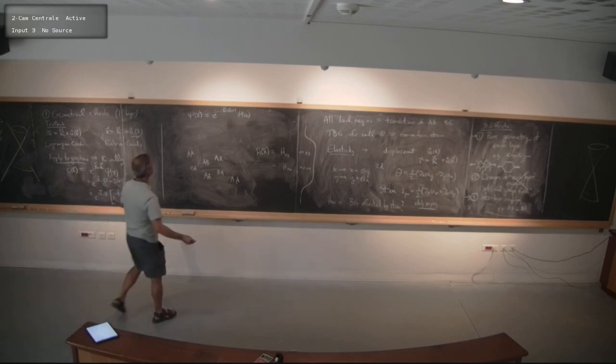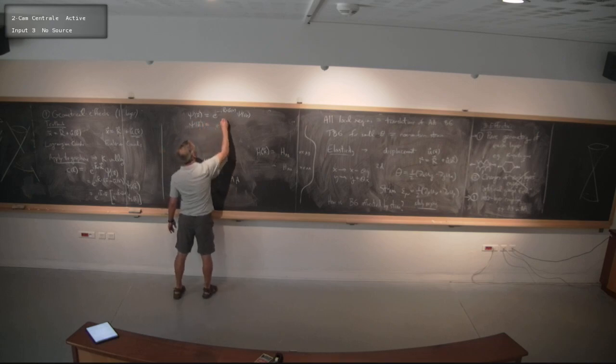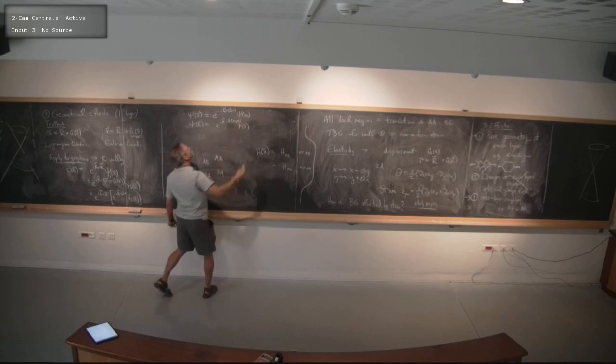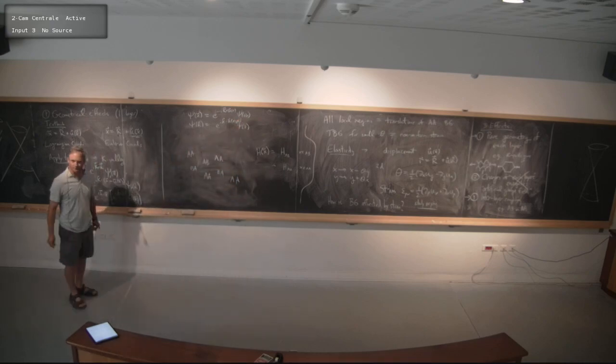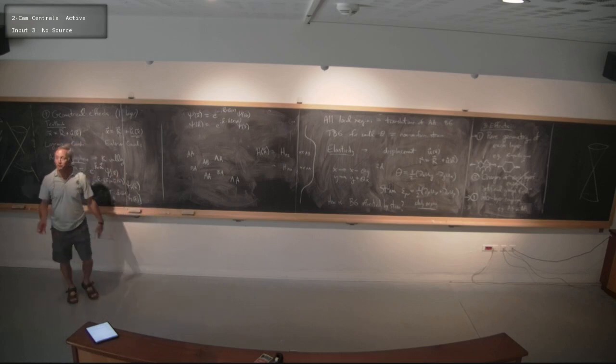And of course we can invert it. And again, here it should be x of R. So this gives us a way to relate the operators in the two frames.